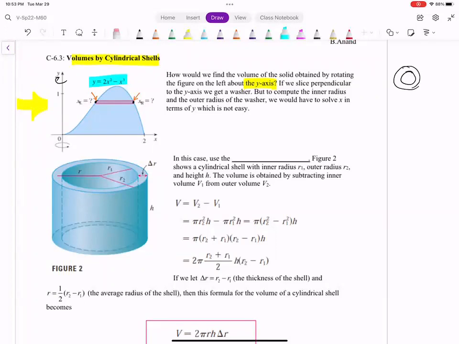They come from the same function, y equal to 2x squared minus x cubed. So finding this volume by the washer method is not a feasible solution to this problem. So we introduce a different method known as the cylindrical shells method, in which we use cylinders to find the volume. So in this case, use the method of cylindrical shells.